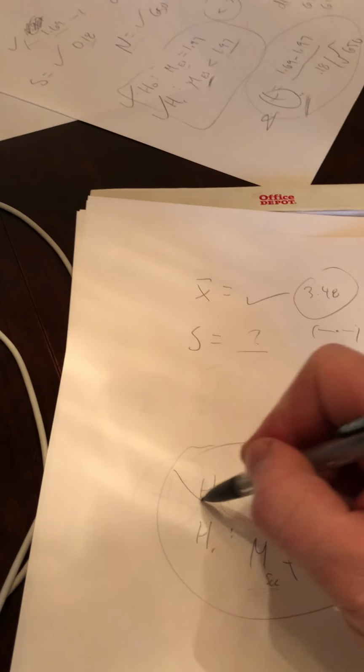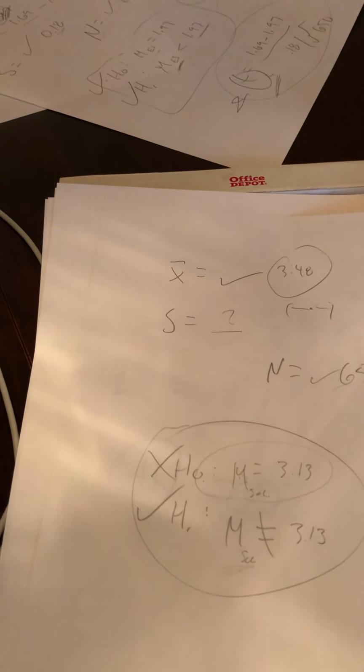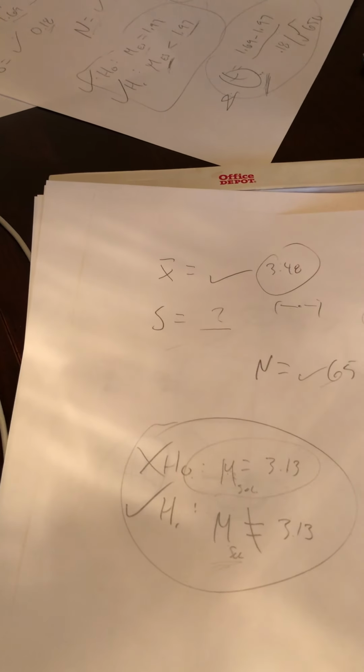Okay? So going back here, you'll get your test statistic. If your test statistic is greater than 2.58, then you reject the null and accept the research: Soc majors do have a different GPA than the rest of the students at VSU. If you get a test statistic and it's less than 2.58, then you can't reject the null.